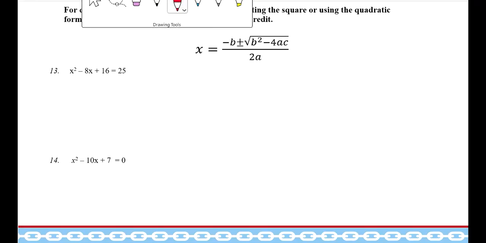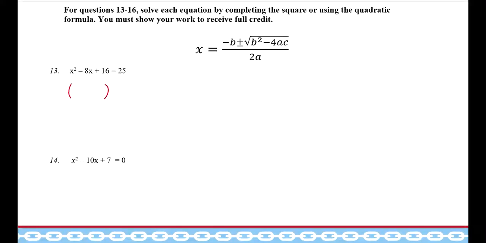Looking at that, we already have a perfect square set up on the left side, right? And 25 also happens to be a perfect square. So looking at 16, what can I multiply to 16 and add to negative 8, right? So that would be negative 4 and negative 4, right?